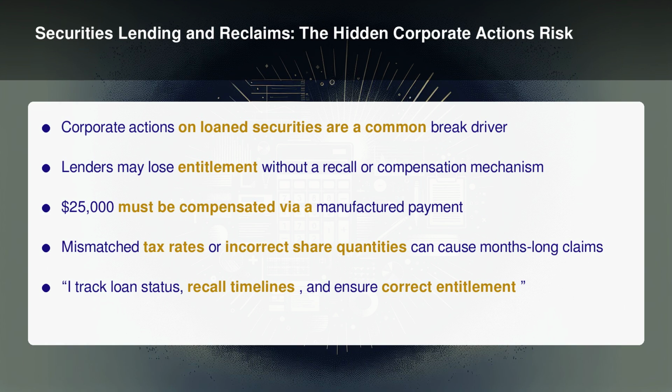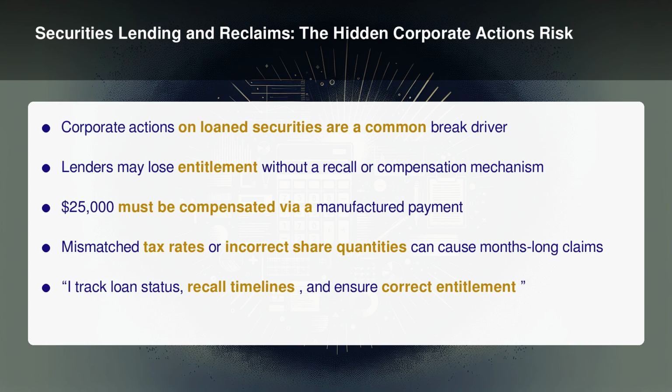Corporate actions on loaned securities are a common break driver. If you lend shares over record date, the lender may lose the entitlement unless there's a recall or compensation mechanism. For example, you lend 100,000 shares and a 25-cent dividend occurs. $25,000 must be compensated via a manufactured payment.